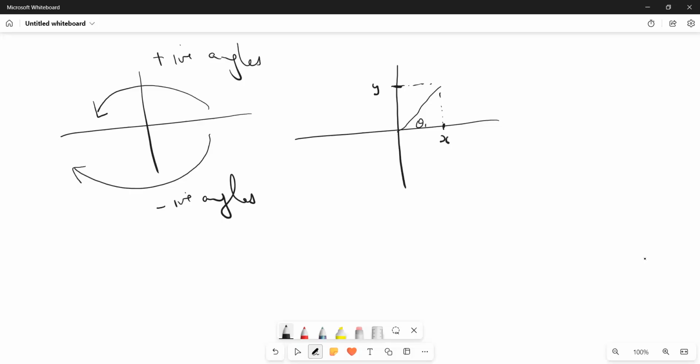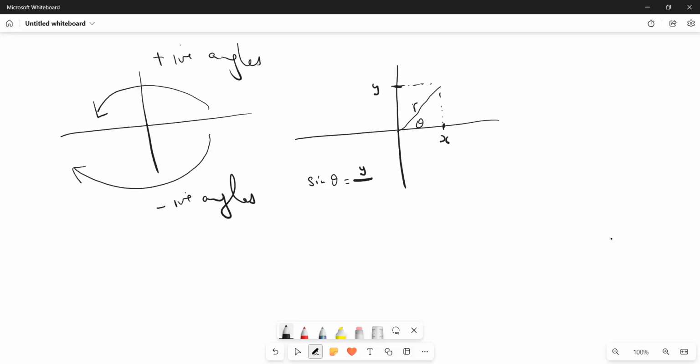So you define the sine of that angle theta. The general definition of the sine of the angle is y over r, where r is the segment here, whatever it is. It doesn't have to be 1, like you have in the unit circle.